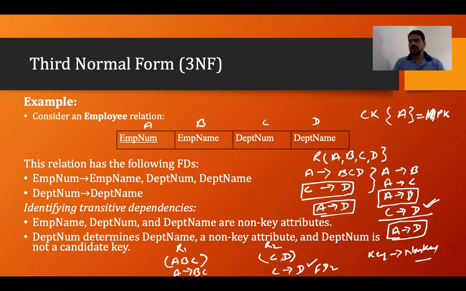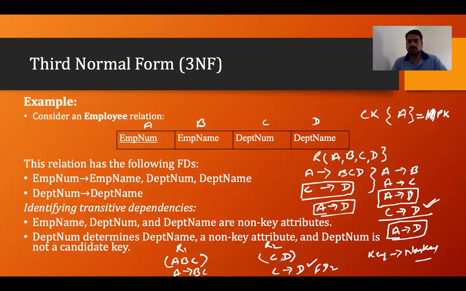So this is how we can do the splitting. In a partial functional dependency, we find the functional dependency which is creating the problem. Here also in the third normal form, we look for those functional dependencies which are creating the problem, because of which, with the help of the transitivity rule, we are getting another functional dependency.